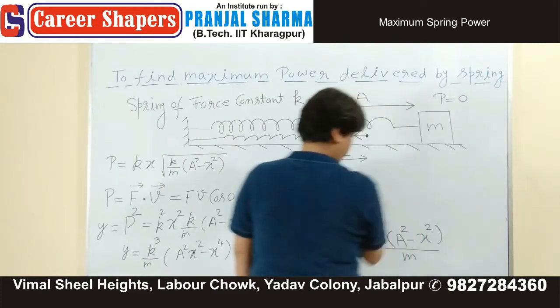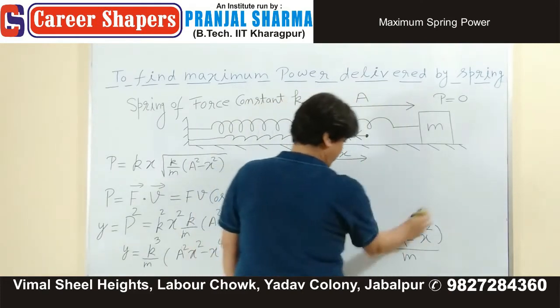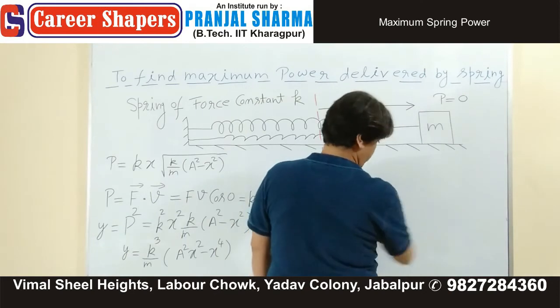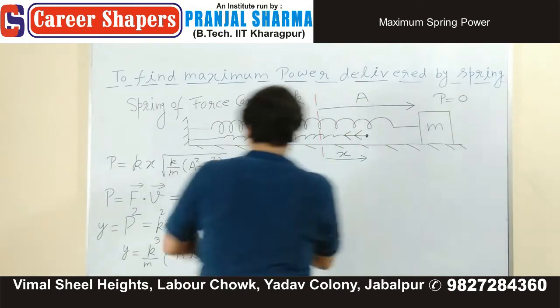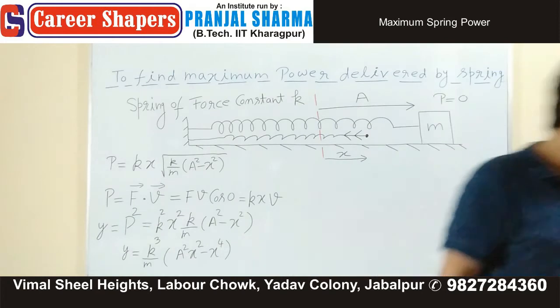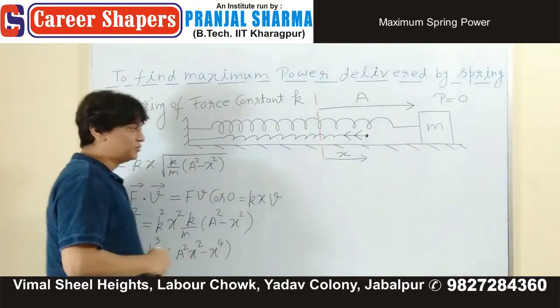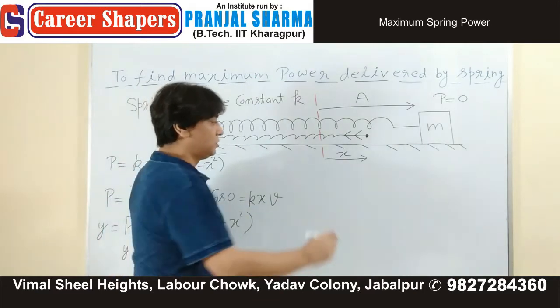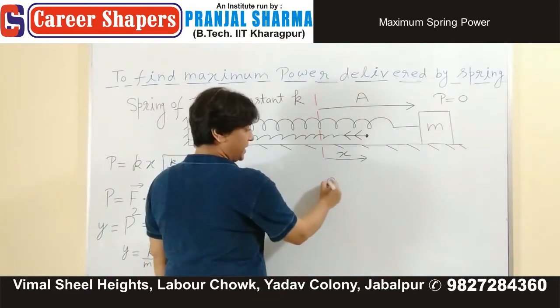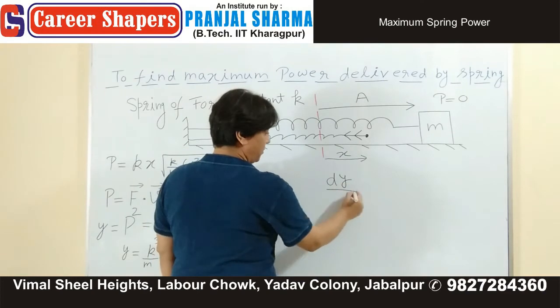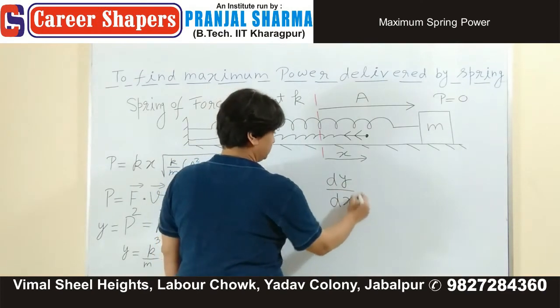And by the way, if you are comfortable with differentiation, you can pause the video at this stage, go for the differentiation, and at the end you can come back and check the solution part. So we are interested in dy upon dx.